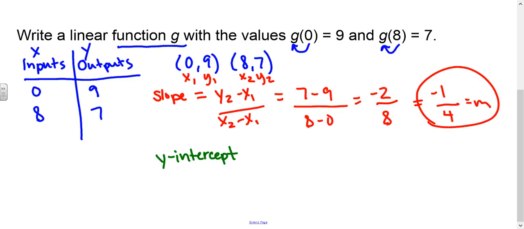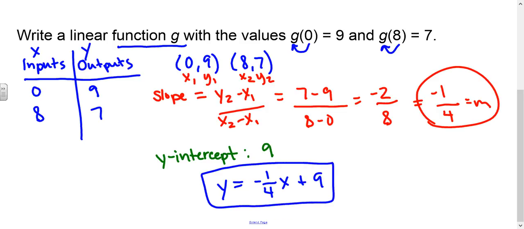Well, it falls on the y-axis, so my intercept is actually 9. If I was to graph this point 0, 9, it would be on the y-axis. So my equation is y equals negative 1/4 x plus 9, and I am all done.